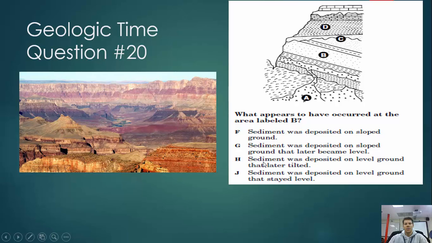Alright, so G is not true. Sediment was deposited on level ground, like all rocks start out as, and that later was tilted. That is your best answer, H. So what happened? Something happened to tilt this rock layer, something involving plate tectonics. So the answer is H.